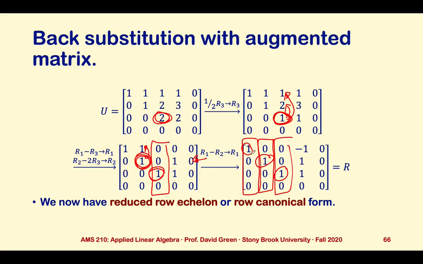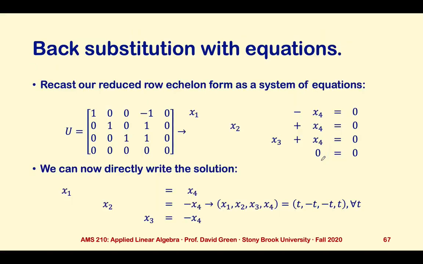This concept that every pivot has a 1 as its coefficient and zeros everywhere else in the column is representative of what we call a reduced row echelon or a row canonical form. This is as far as we ever take back substitution. When we have an augmented matrix in this form, we are ready to write the solution very, very simply.